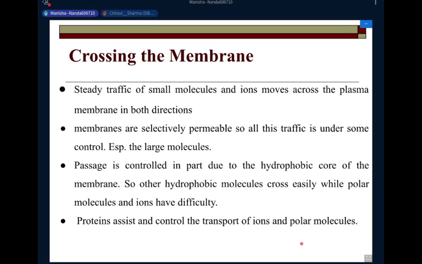Now you have seen that the interior of the membrane, since the hydrocarbon tails of both the phospholipid layers extend into the interior, the core of the membrane is highly hydrophobic, right? So, definitely small hydrophobic molecules can easily cross the lipid bilayer, whereas the polar molecules and ions face a lot of difficulty.